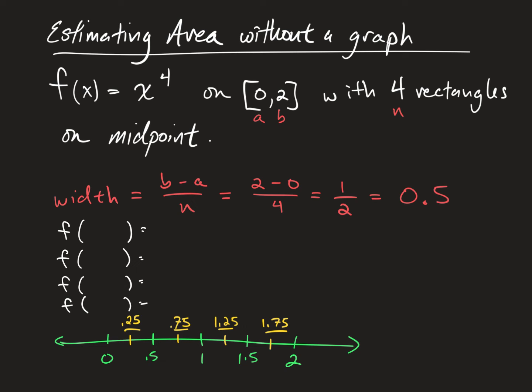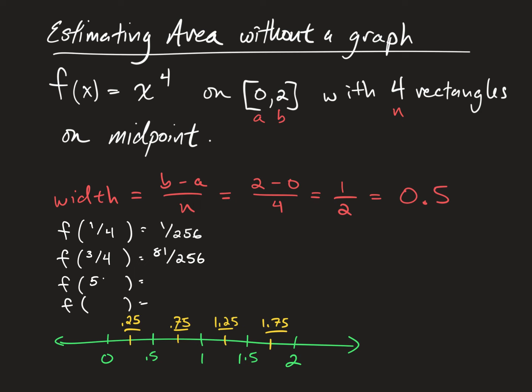You can think of 0.25 as the fraction 1/4. And when you raise 1/4 to the fourth power, you get 1 over 256, which is a lot easier to compute, and you don't have to write out so many decimals. So 0.75 is 3/4, and when you raise 3/4 to the fourth power, you'll get 81 over 256.